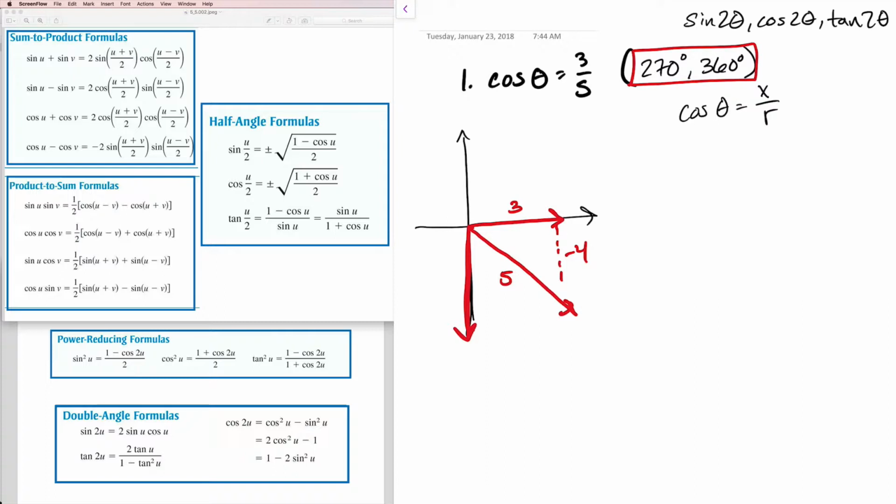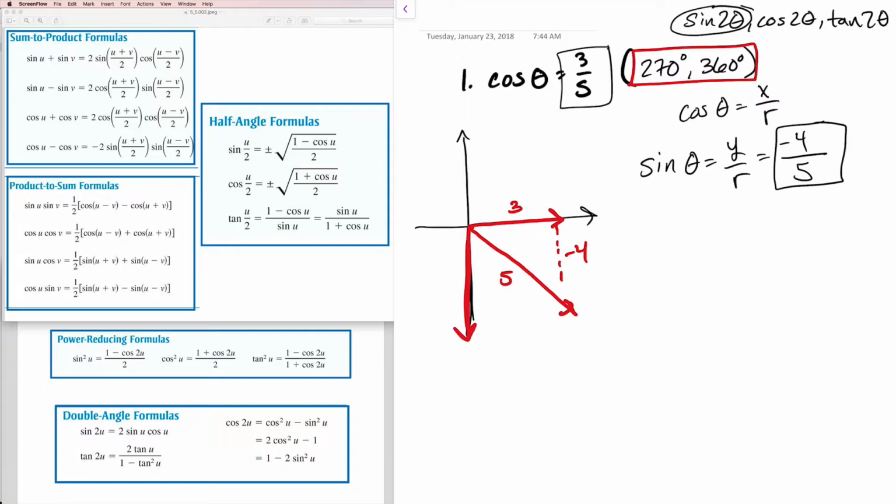This is going to be helpful because, as you can see here, my first term is sine 2 theta. So if you recall, sine theta in my original trig values is y over r. So now I know my y. My y is negative 4, and of course my r is 5. So here's the value for sine, and I have the value for cosine.